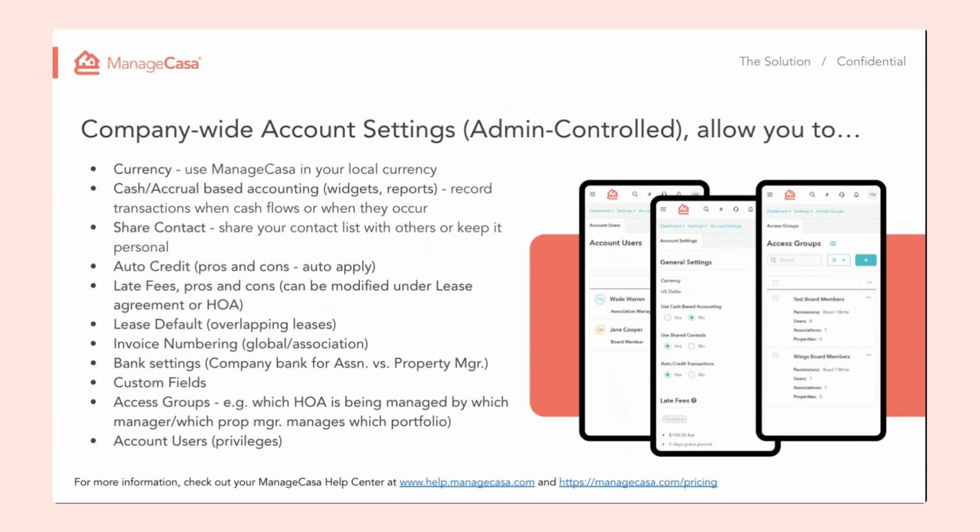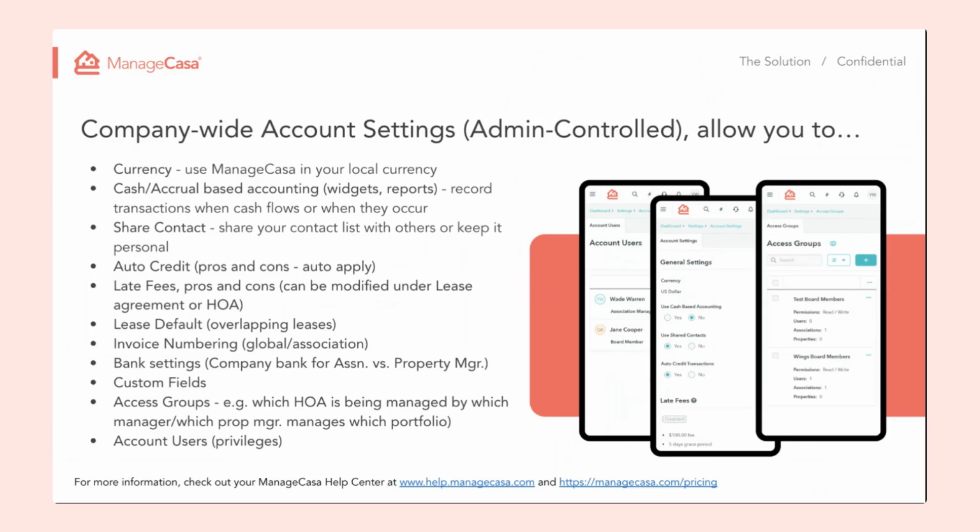You can also set up custom fields. This will allow you to add additional data fields to your application based on your business needs, complementing the default information fields we already provide. And then, of course, set up access groups and control what users can see or use based on criteria such as communities or buildings.